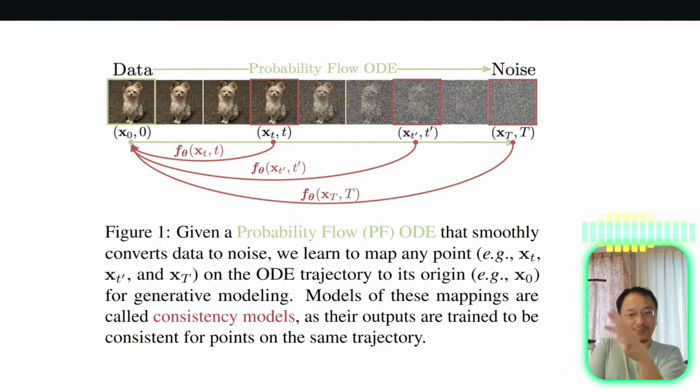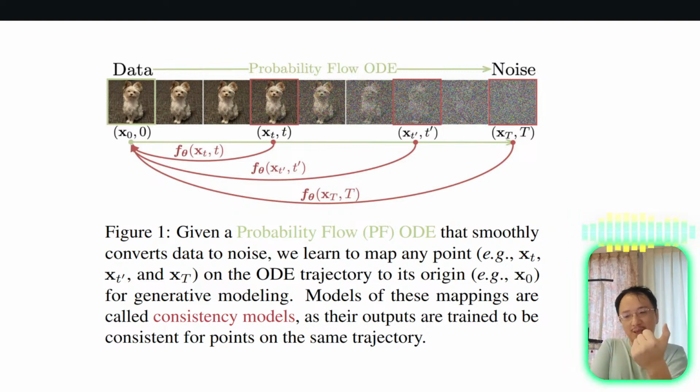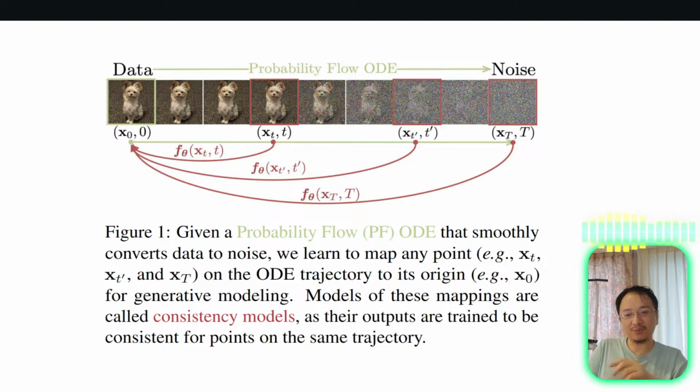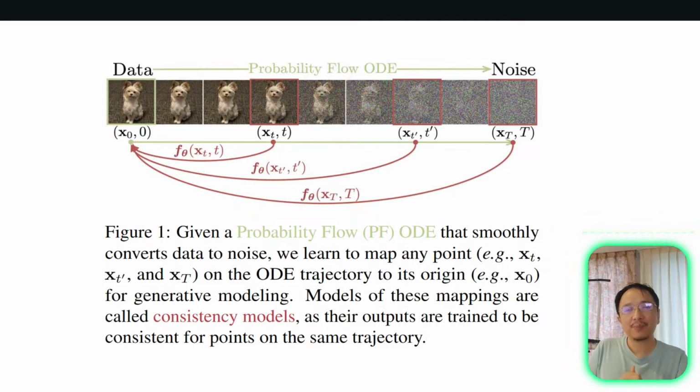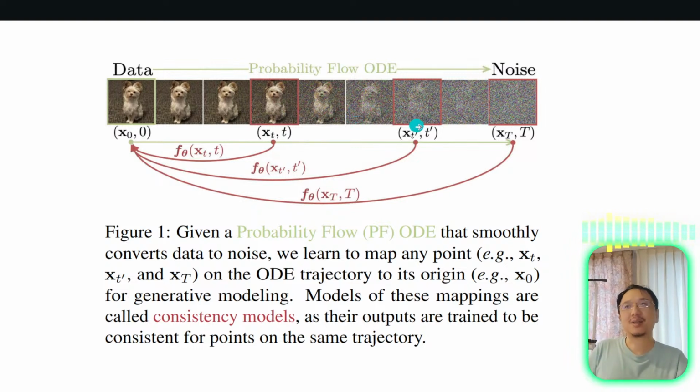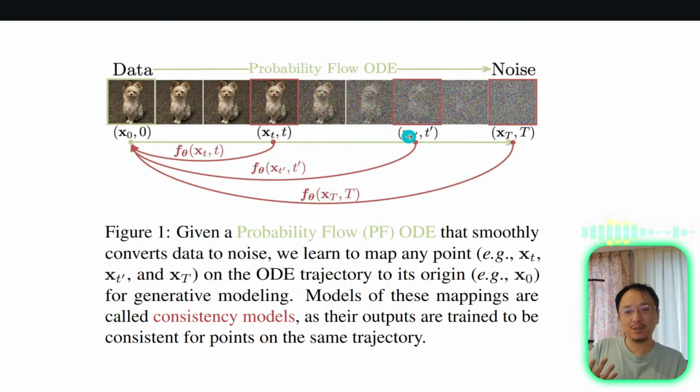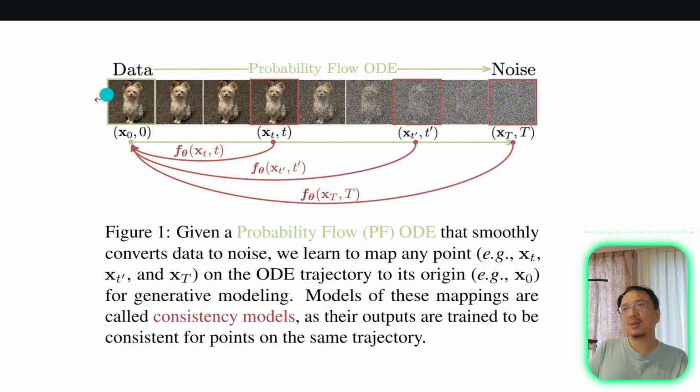Although this name seems deep, or sort of very difficult to understand, very mathematical, the idea is pretty simple. You can see it already used something like the probability flow ODE. The basic idea is that instead of denoising it step by step, why not we simply denoise it all the way to x0.